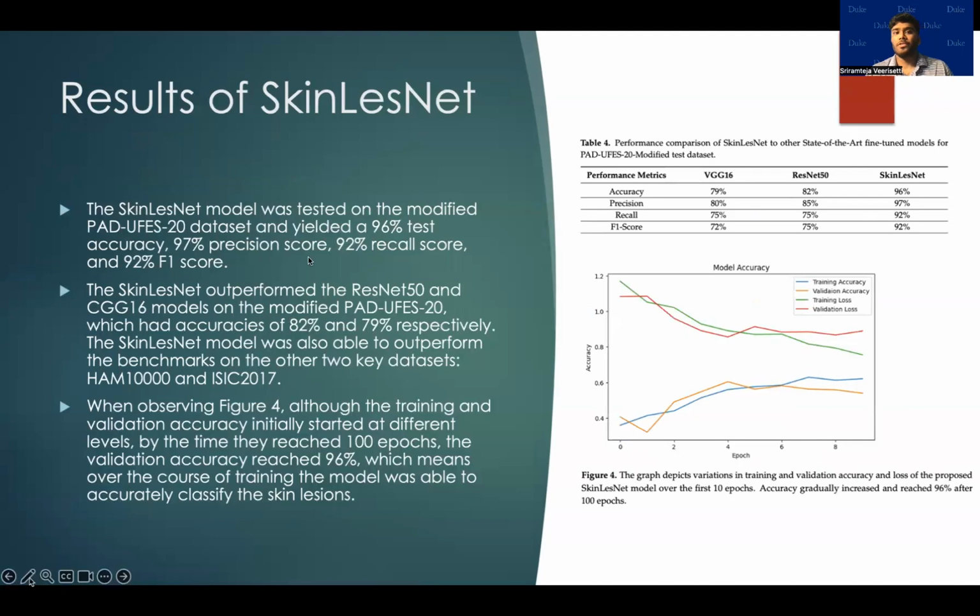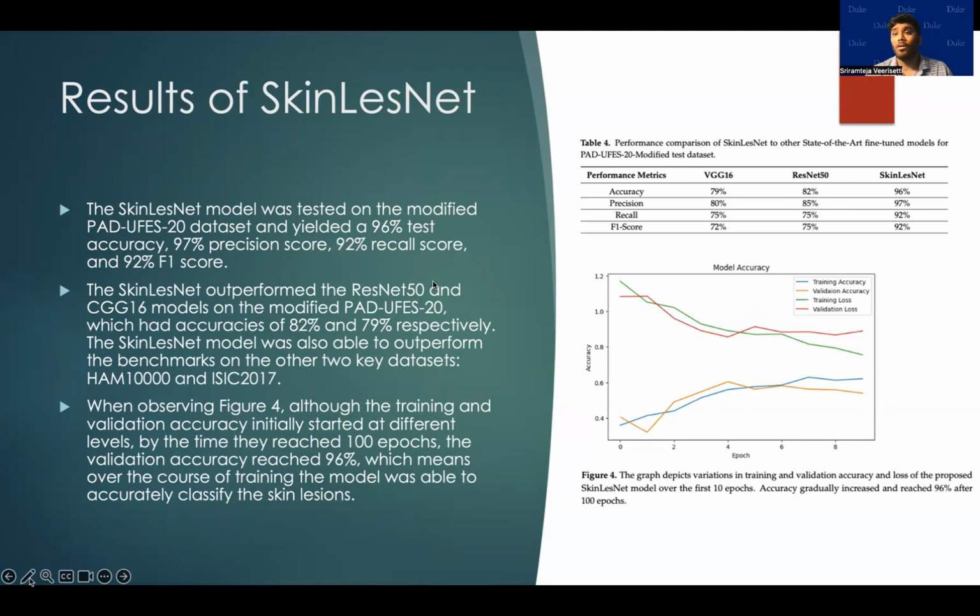So when looking at the results of the SkinLesNet model, it's important to see that on the PAD UFES 20 dataset, which was primarily used, it yielded a 96% test accuracy, 97% precision score, 92% recall score, and a 92% F1 score. And that's further highlighted here in table 4.